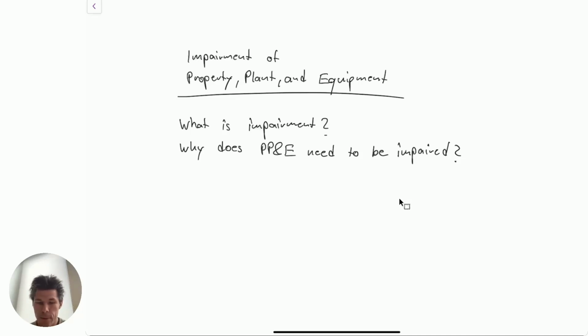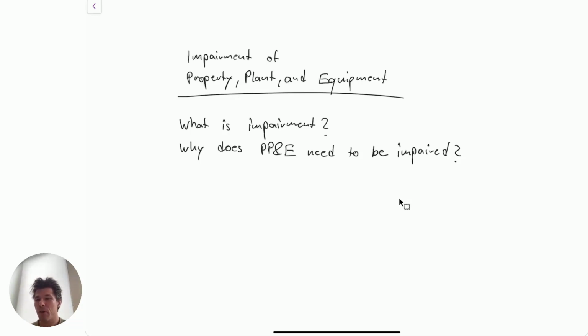In general, and I'll explain you the formulas shortly, an asset is considered to be impaired when its carrying amount, that's the amount that you see in the balance sheet, exceeds its recoverable amount. The carrying amount is basically the price you paid for the asset minus your depreciation, depending on how many years you have held the asset. Think about carrying as the balance sheet carries the amount.